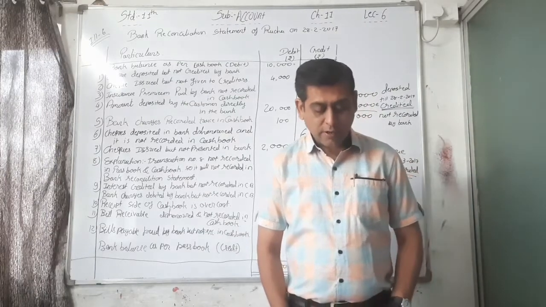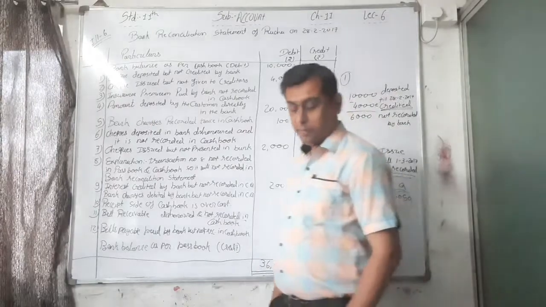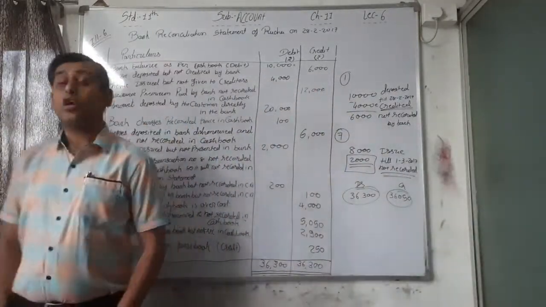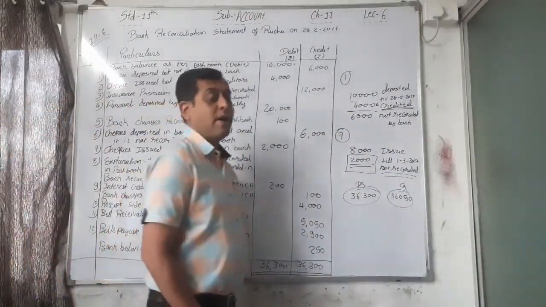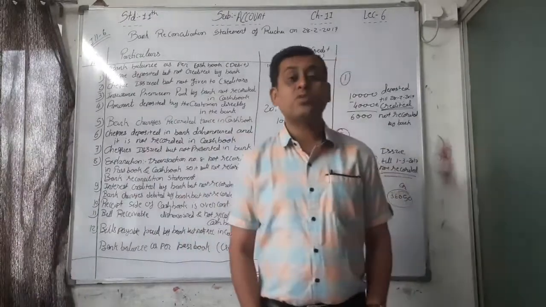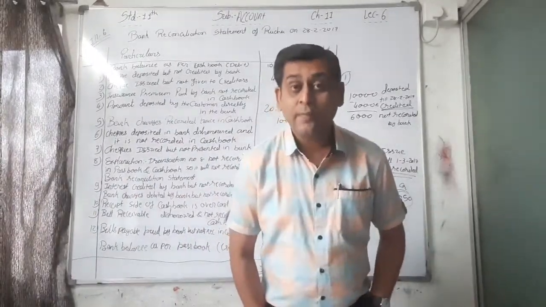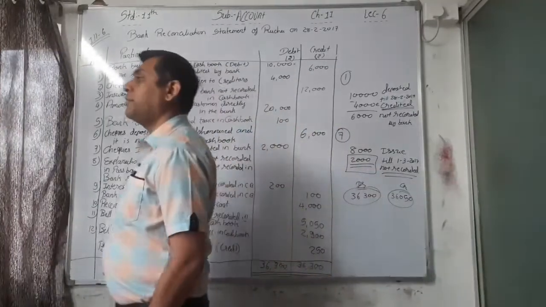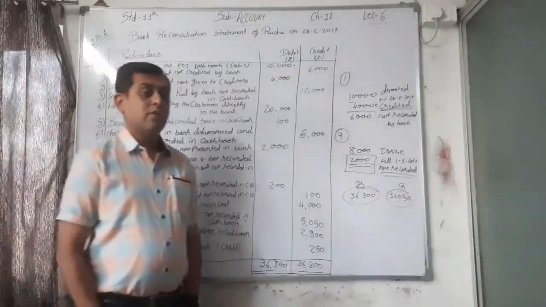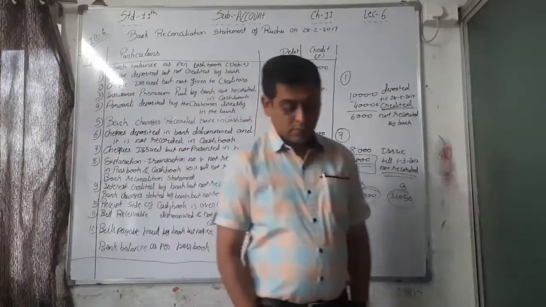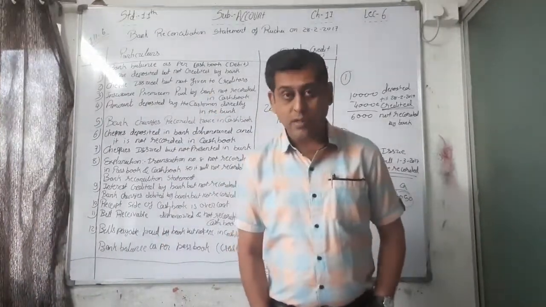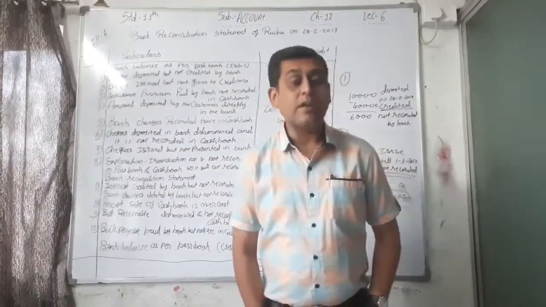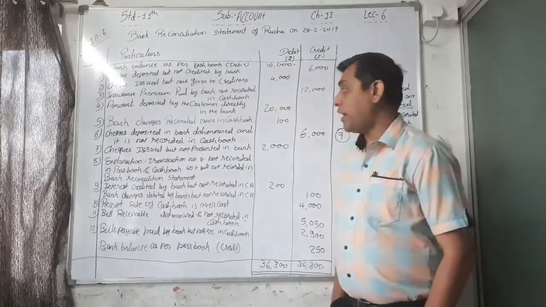And the tenth point, the bank has debited commission. Bank debited commission means it is not recorded in the cash book. Whatever is done by the bank, we have to do the reverse. The bank debited, that's why we have to credit it. So write down CR in the tenth point, credit, 80 rupees in the bank reconciliation statement. Now make the totals and find out the difference.